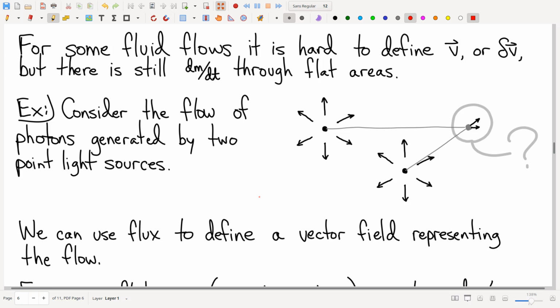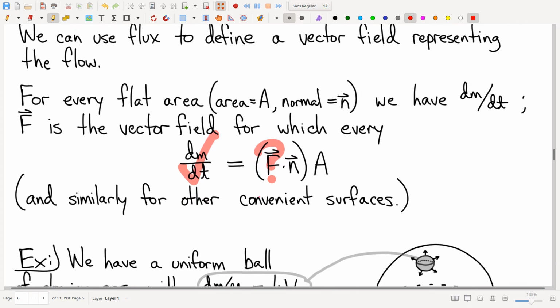So if you look at any given point in this room, the photons are going every which way. You couldn't begin to talk about either the velocity or density times velocity of photons in this room at a given point. It doesn't make any sense at all. But you can totally measure, I mean, if you had the equipment, right?